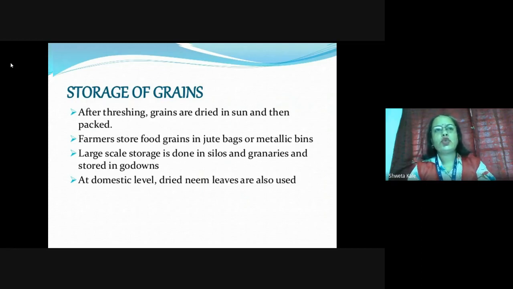If you want to store grains on a large scale, so many grains at a time, that is done in silos and granaries and stored in godowns. At domestic level, dried neem leaves are also used. Sometimes we put some medicine also in it so that it should not get wasted.